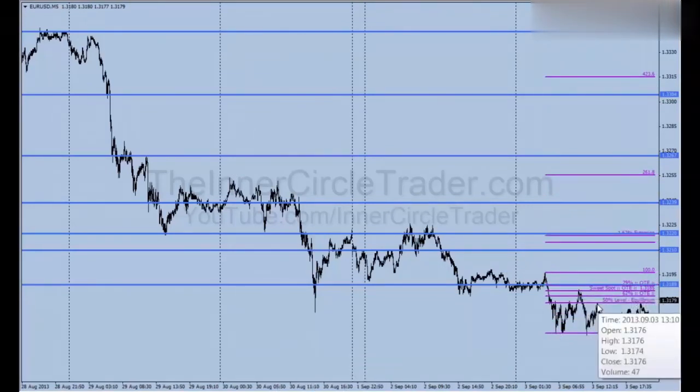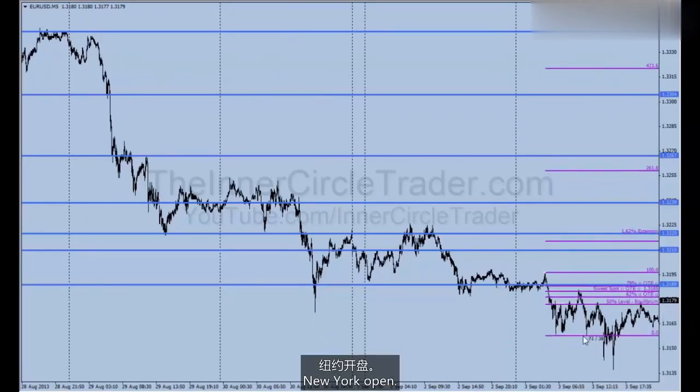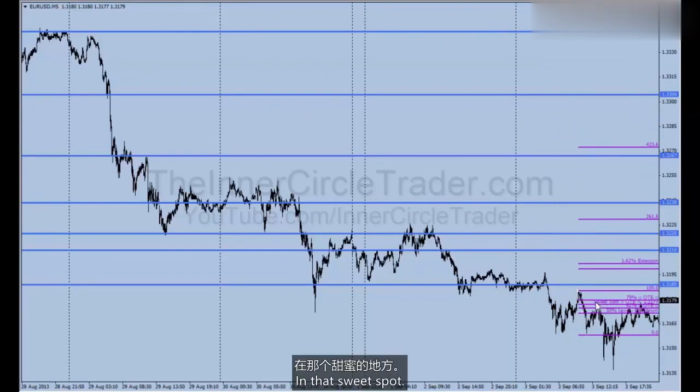And here, same thing, we could use for continuation in the same direction intraday. If you use the fib on that for the New York Open, you get right up in that sweet spot and optimal trade entry and trade lower intraday.